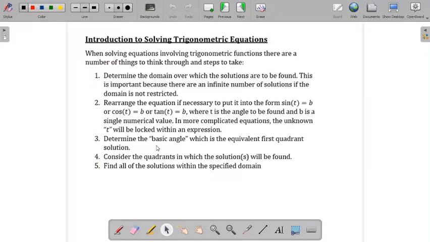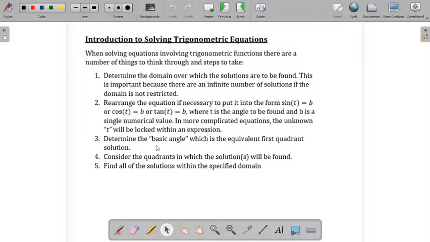Thirdly, determine the basic angle, which is the equivalent first quadrant solution. I refer to it as a basic angle. It's just an angle between 0 and pi on 2, or 0 and 90 degrees. It's the simplest solution, which may or may not be part of the solutions.